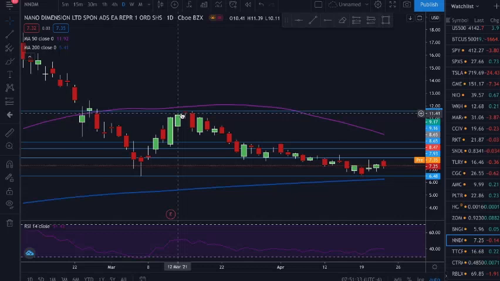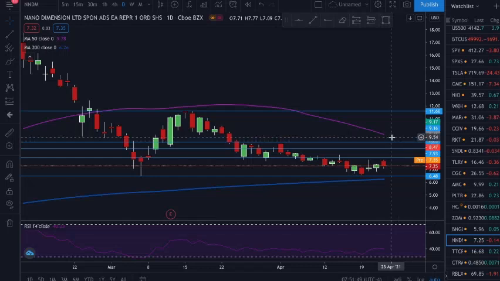We also have a resistance line here at 11.59, and we will continue to use this as a resistance as it comes down. But what we want to see is for us to get a cross above the 50 EMA line. Then we can use this as a support line, guys. That is very key, that we are using this as a support line, and this begins to trend upward as price begins to move up as well.